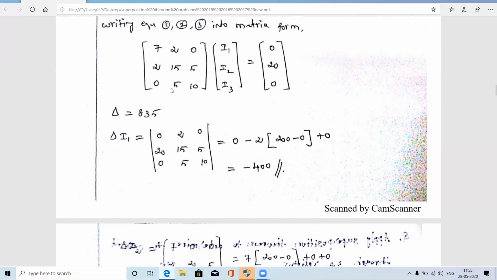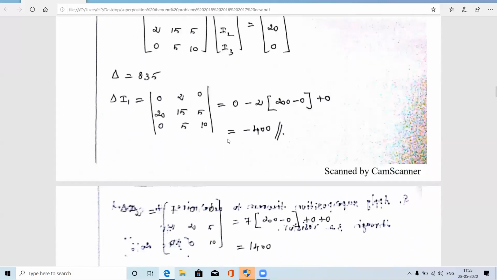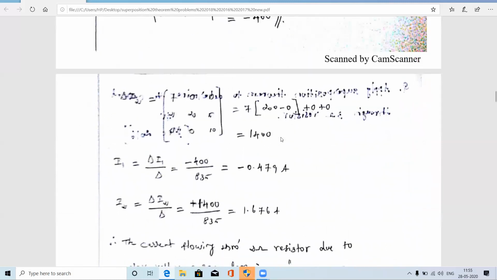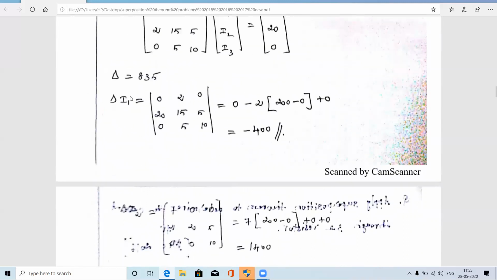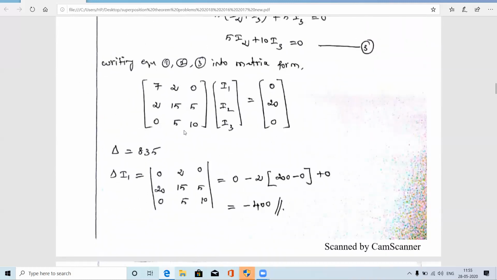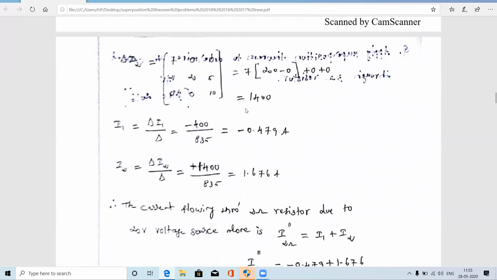In the first column, you just replace the values by the constants 0, 20, 0 and determine the determinant value. It is minus 400. Similarly, for del I2, we replace the second column by 0, 20, 0, and the answer is 1400.